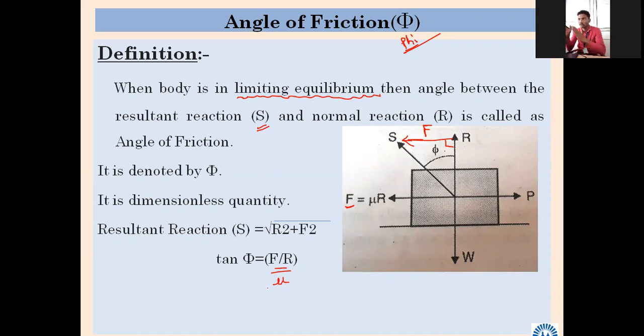The angle made with the normal reaction by the resultant reaction is the angle of friction. This definition you can also remember.